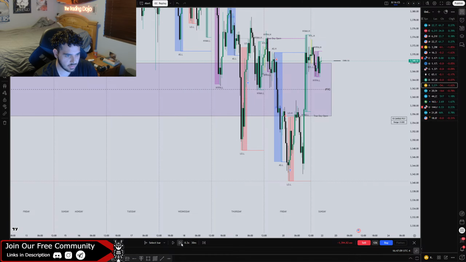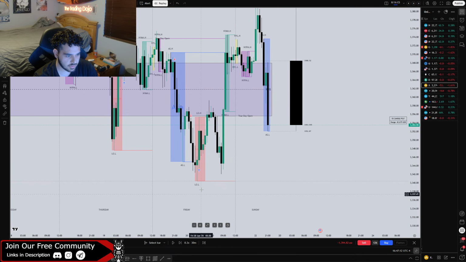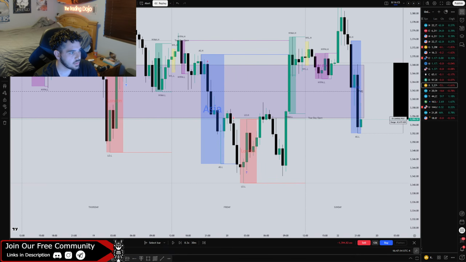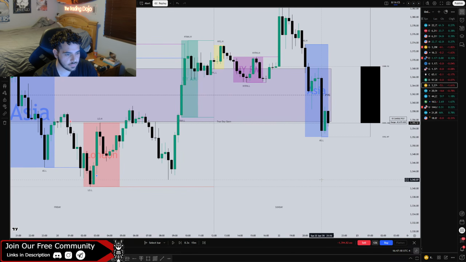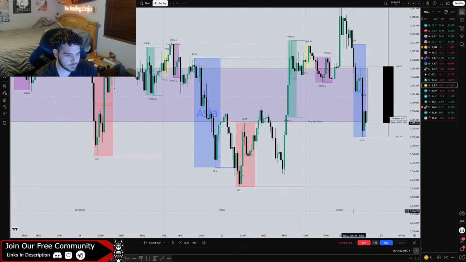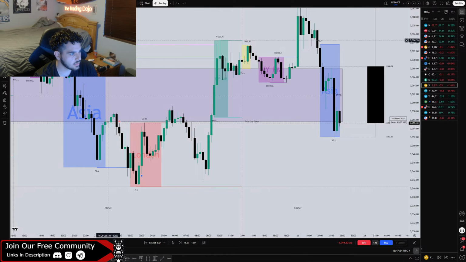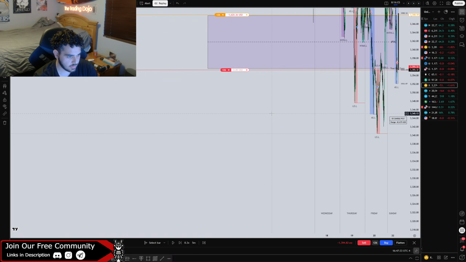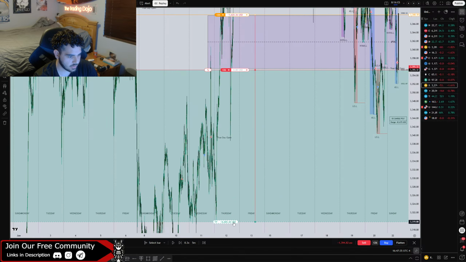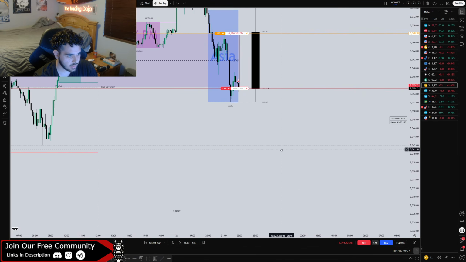See if we get a shift right here. Okay. I'm going to see the 5-minute. Yeah, we look pretty good for a short right here. Have a wider stop loss and then just aim a bit lower.